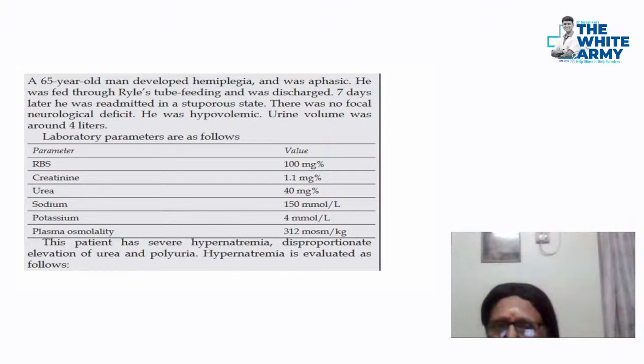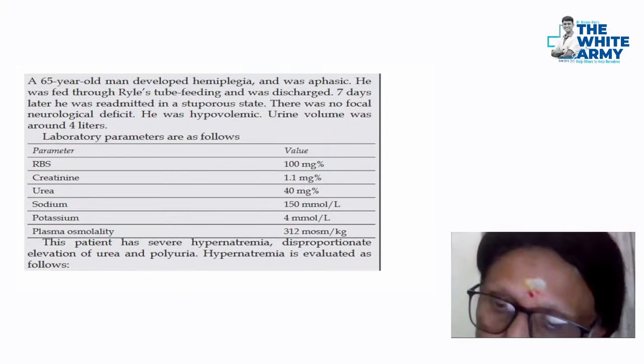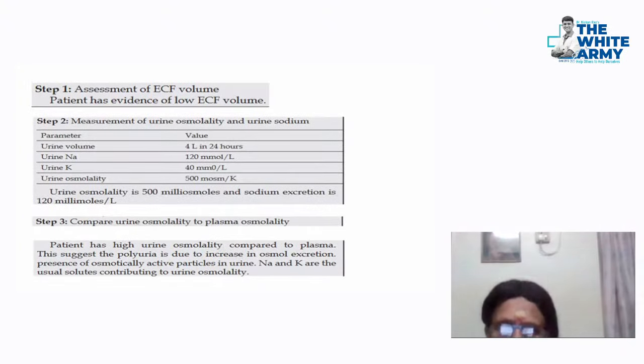That probably is the reason for worsening of his neurological status. And the plasma osmolality, as you see here, is very high, 312. So this patient has a normal volume status, severe hypernatremia, disproportionate elevation of urea and polyuria. Hypernatremia is what you have to evaluate here. So first is the ECF volume.